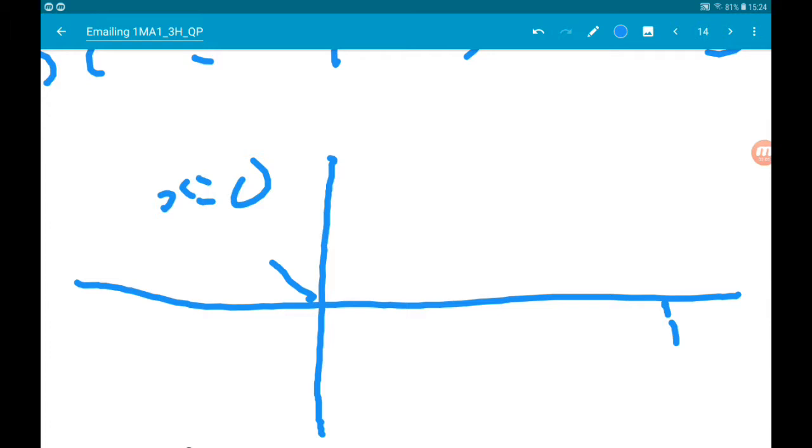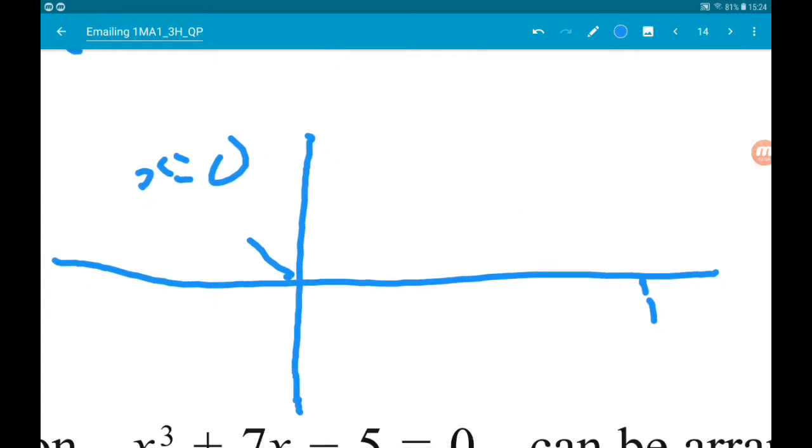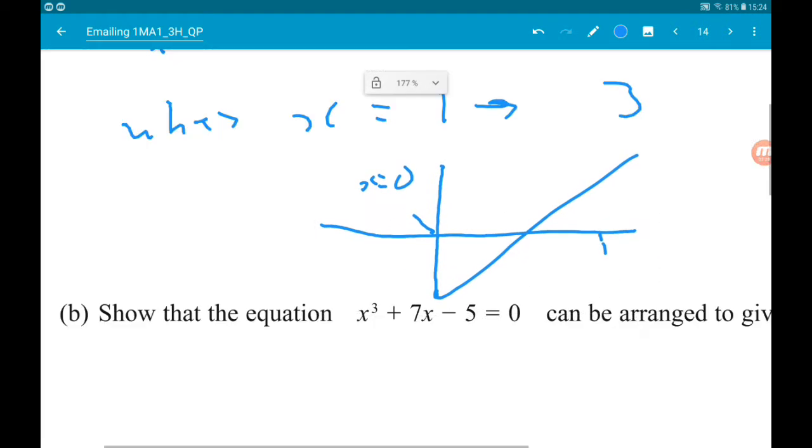We've shown that somewhere between these two points, the graph crosses the x-axis. So the graph is equal to 0. Above the x-axis, it's greater than 0. That's why we get positive. And below, it's less than 0, which is why we got negative.